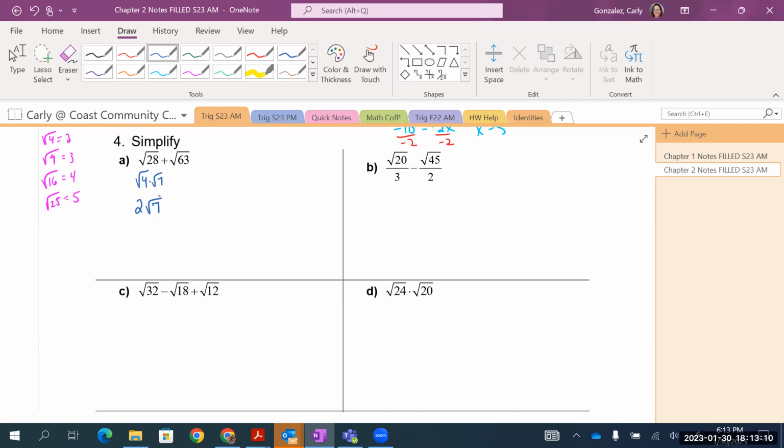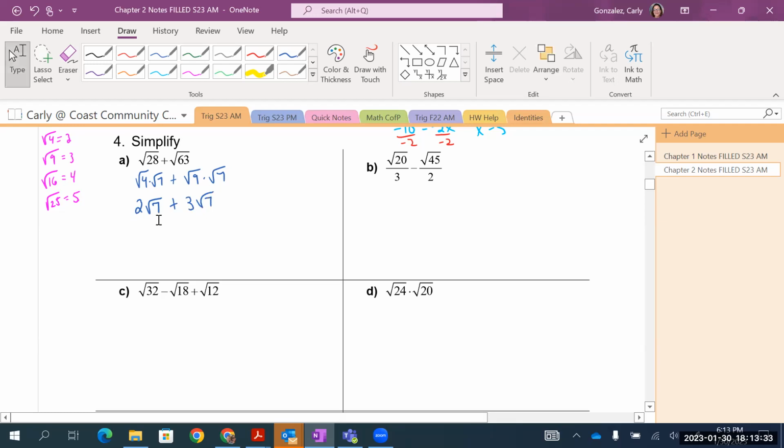Does 4 go into 63 evenly? No, but 9 does. So now we'll break up the square root of 63 into the square root of 9 times the square root of 7. And now the square root of 9 is 3, so we get 3 rad 7.